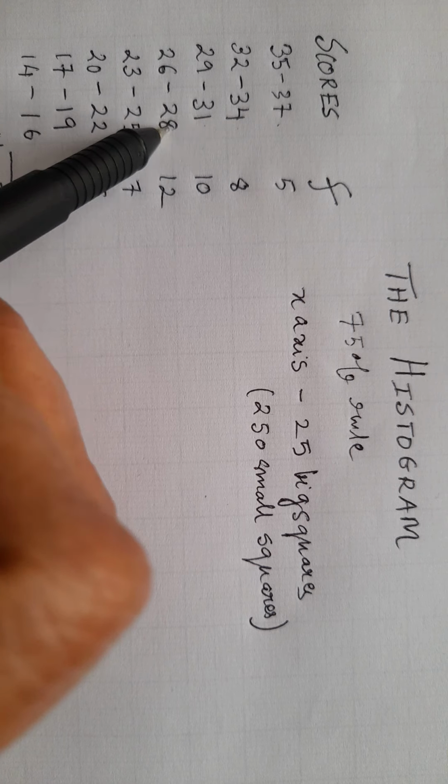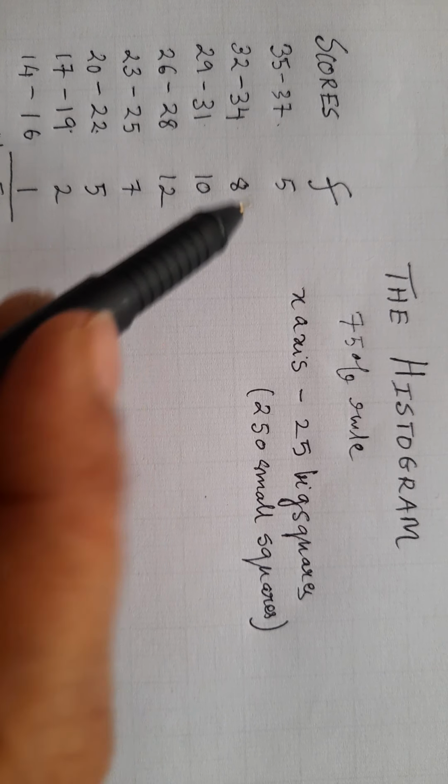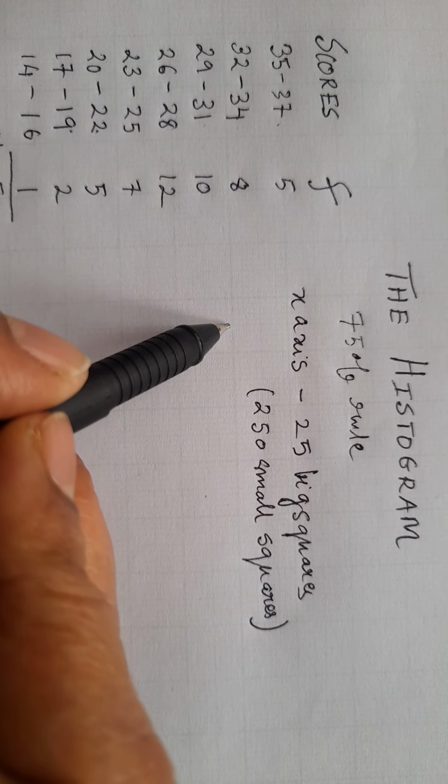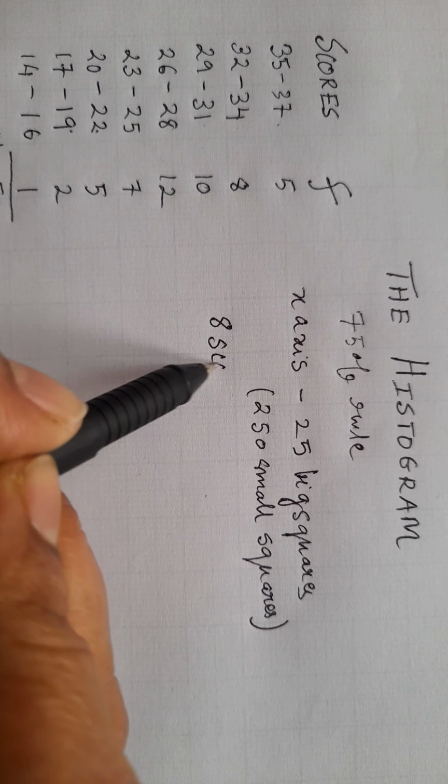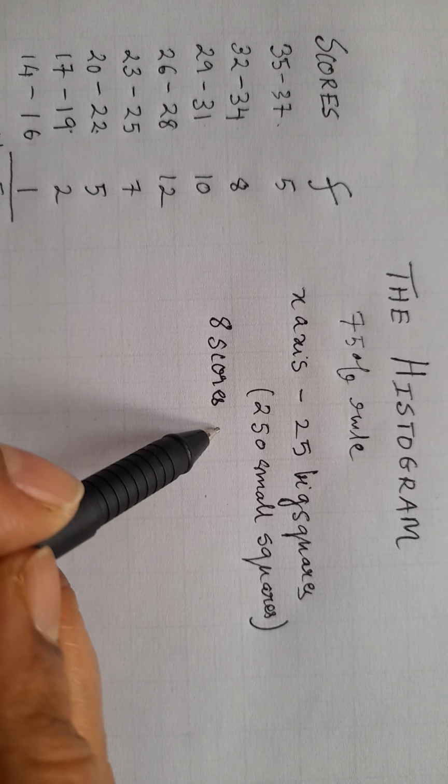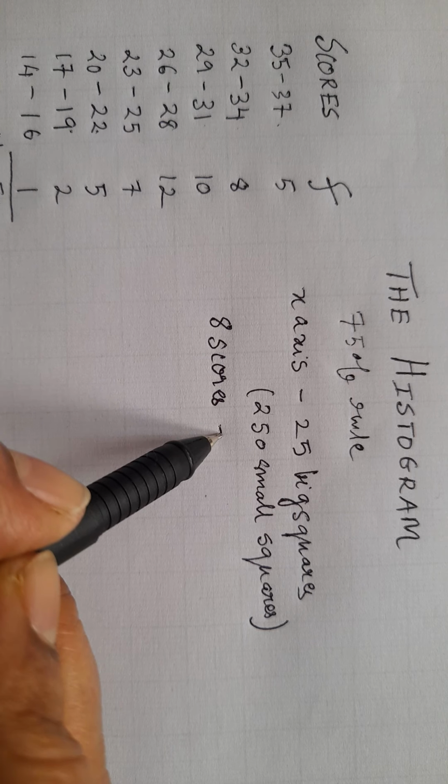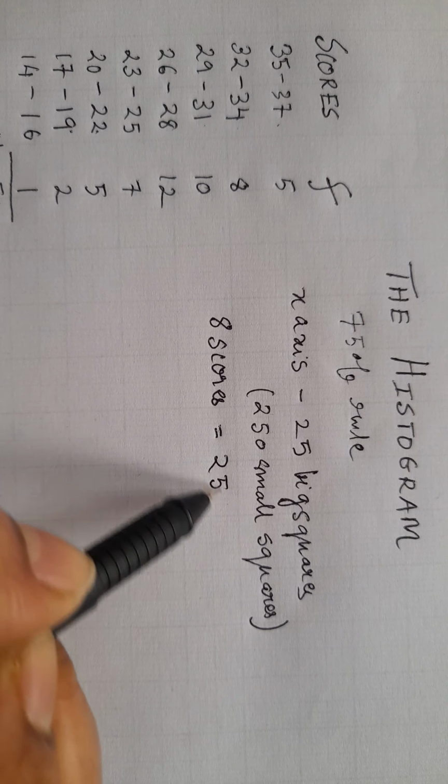1, 2, 3, 4, 5, 6, 7, 8. In histogram we don't have to modify anything. There are 8 scores. We will represent 8 scores with 250 small squares.